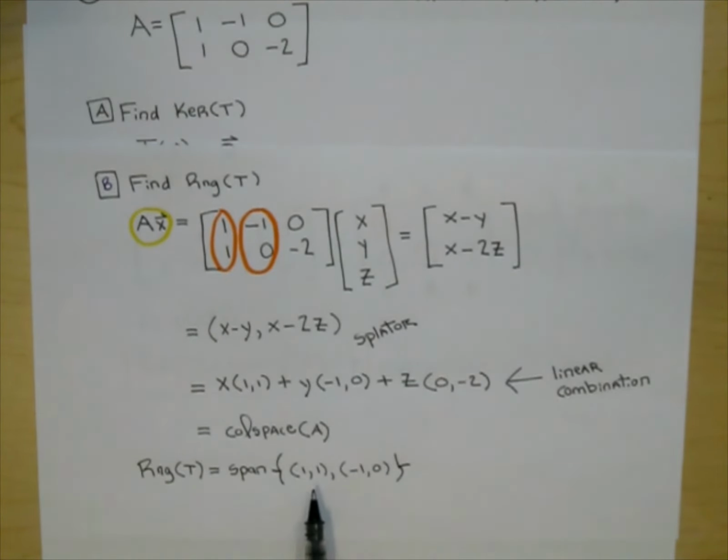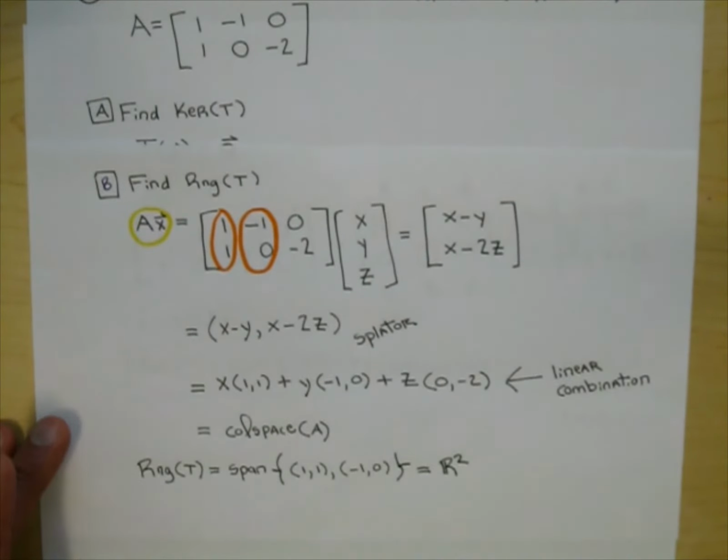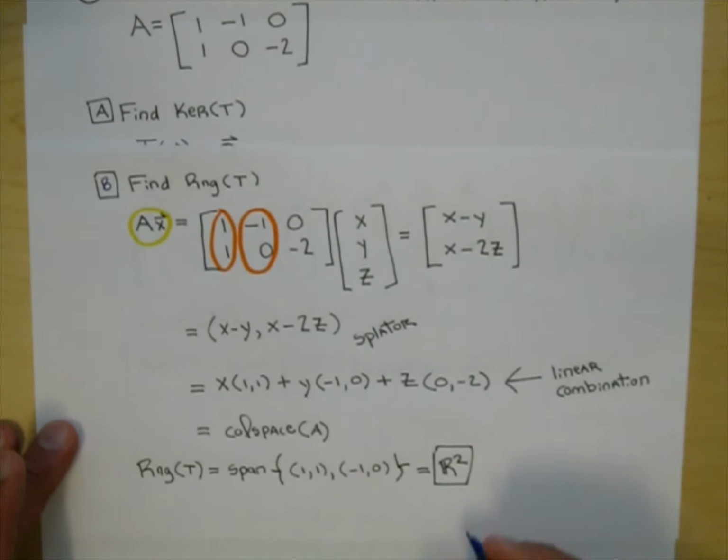Okay. Now, where do these vectors live? These vectors live in R2. They're a basis. Therefore, the span of that basis from R2 actually equals R2. So the range is R2, which happens to be the column space.